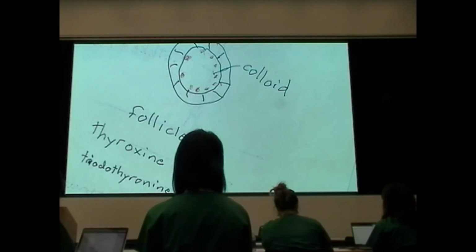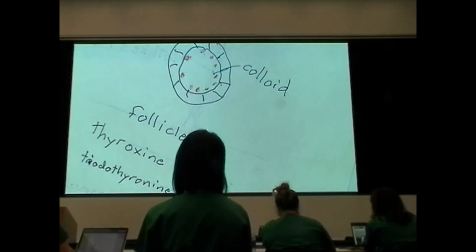If iodine is present, the periphery of the thyroglobulin gets iodized, and then the cell reaches out, takes a chunk of this thyroglobulin into the cell itself, breaks down the thyroglobulin by lysosomal activity, and releases these two iodized amino acids, which are thyroid hormone.